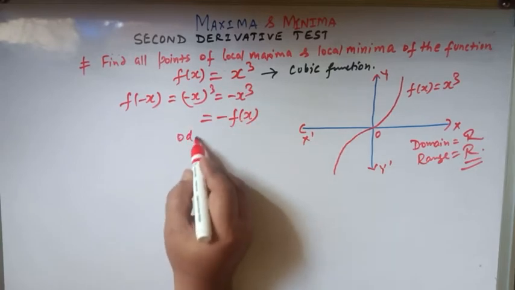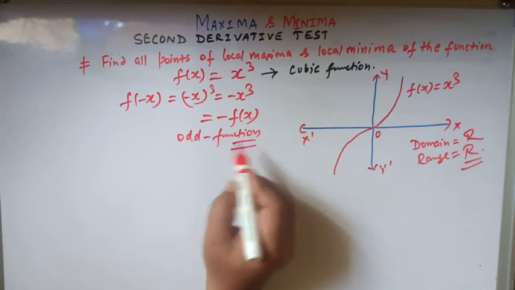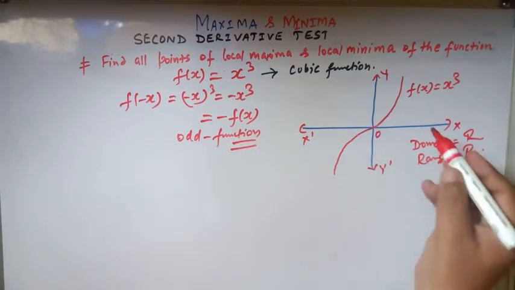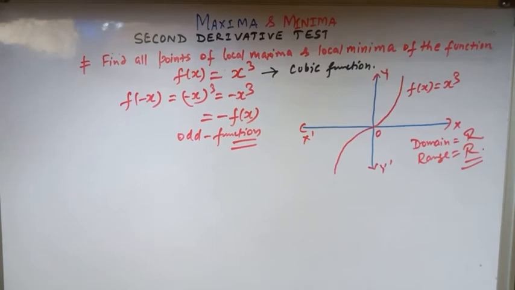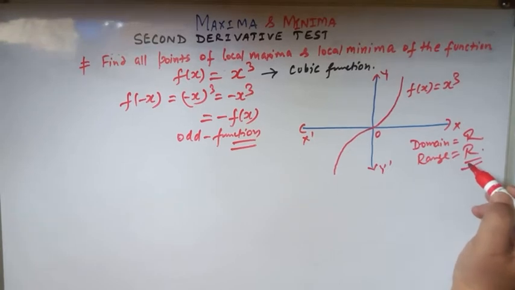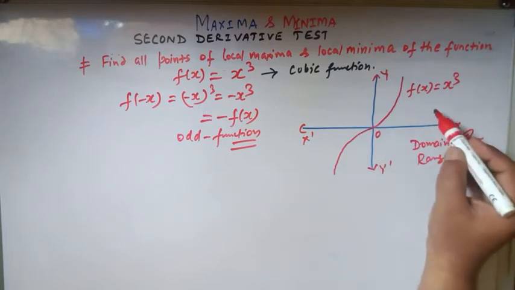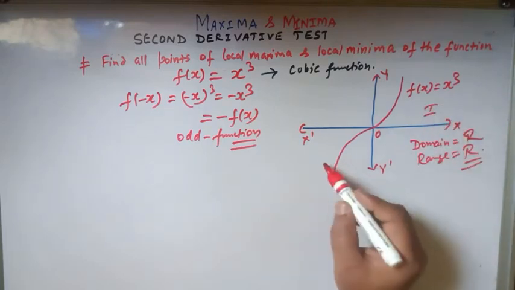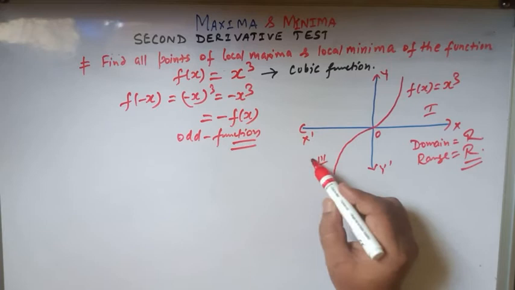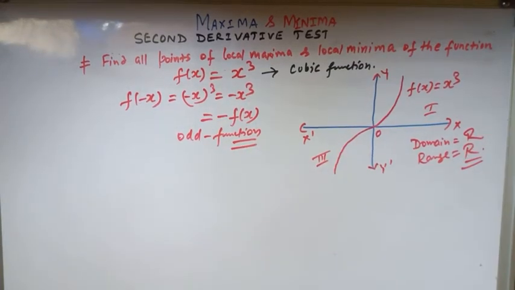So this is an odd function. These are some of the characteristics of this function. So the domain is the set of real numbers, the range is the set of real numbers, and the graph lies in the first and the third quadrant. Clear? Now here we have to find the local maxima and local minima.